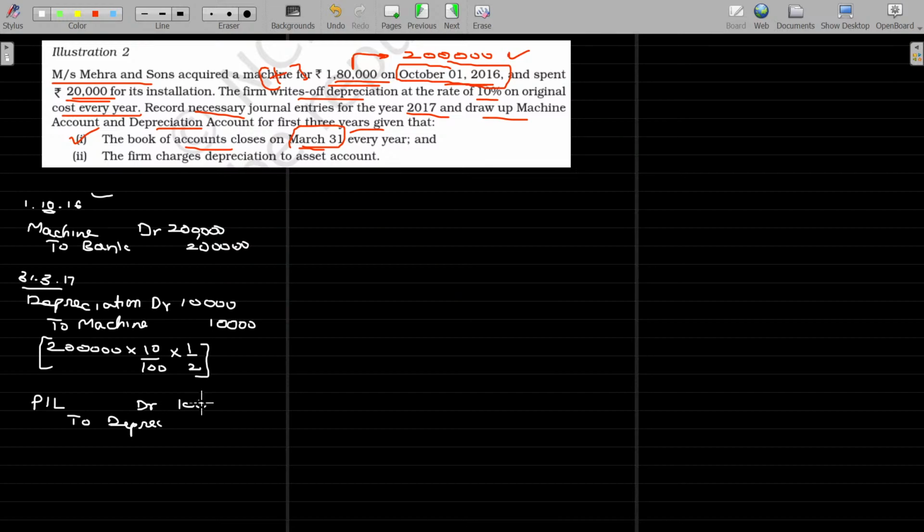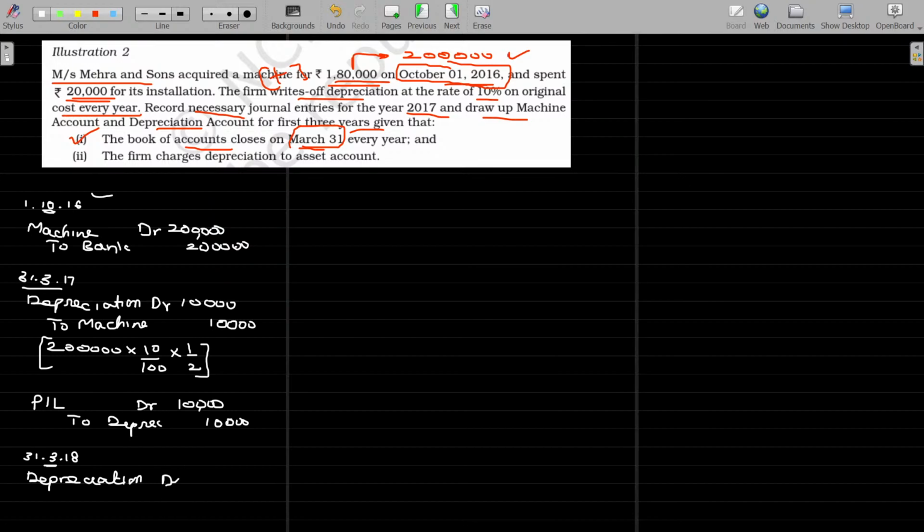This value being 10,000. And next year, 31/3/18, now it is eligible for full year's depreciation. The first year end, this asset is used for the full year, so we have to calculate the depreciation for the full year.